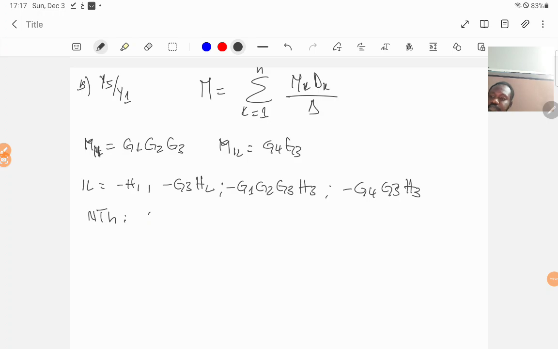The non-touching loops will be g1 g3 h1 h2, and we find delta 1 will be 1 minus 0, so it's equal to 1. Delta 2 is 1 minus 0, so it's equal to 1.